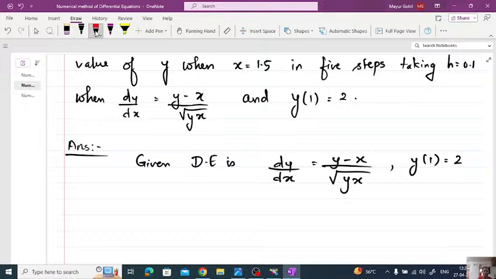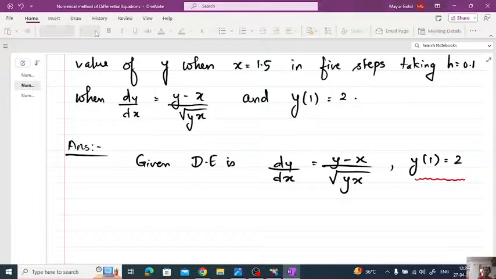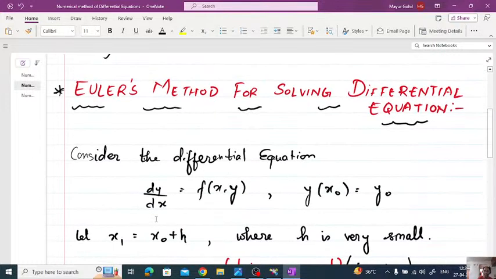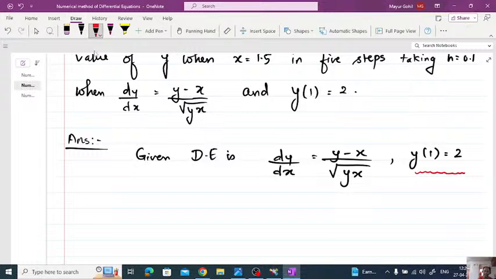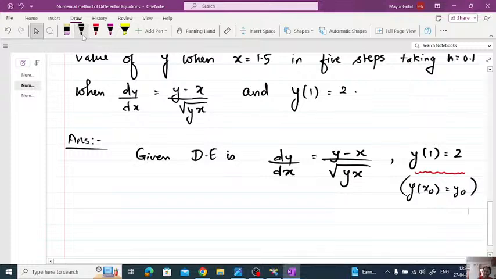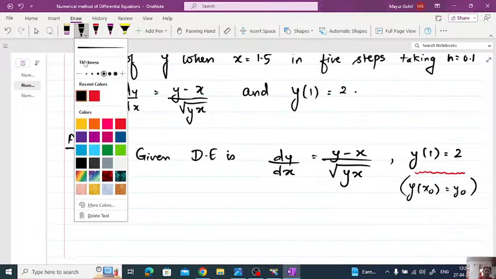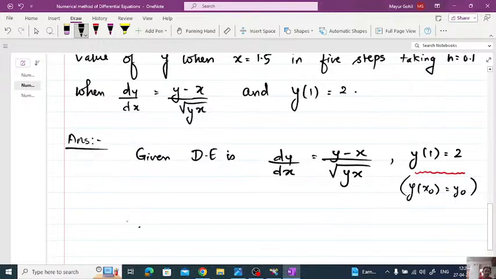Compare this given condition, y1 equal to 2, with the general condition that we had taken, y of x naught equal to y naught. So this is y of x naught equal to y naught basically. Once you compare, you get what has been given to you: x naught is equal to 1 and y naught is equal to 2.